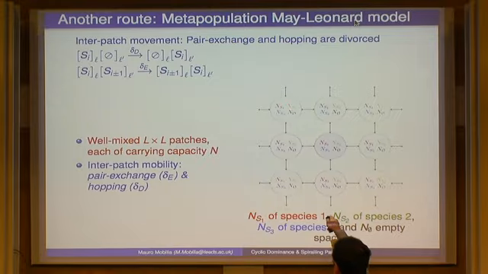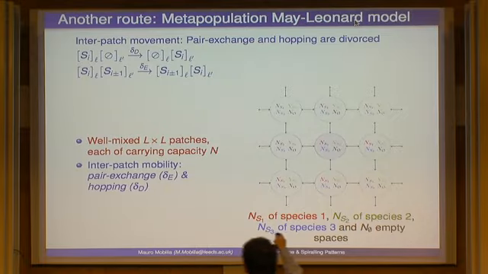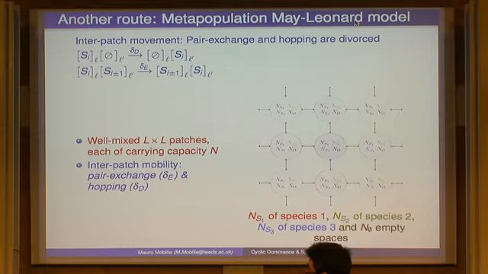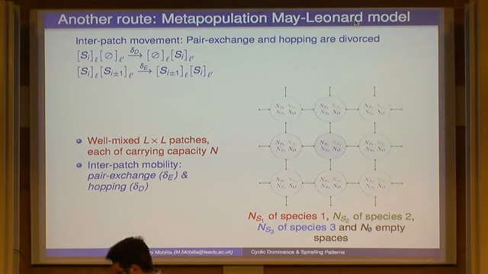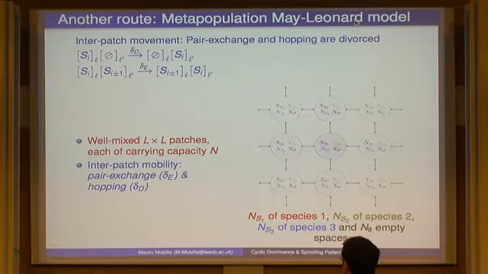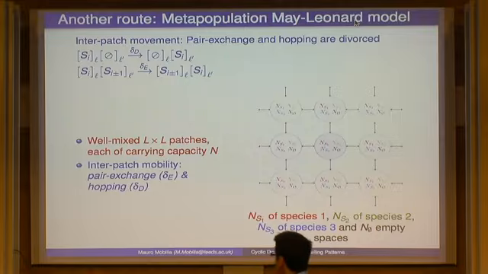So basically, it can go from here to there, leaving an empty space in the patch. And on top of that, we also say, as before, that any of these species can swap its position with any individual of a neighboring patch, right?